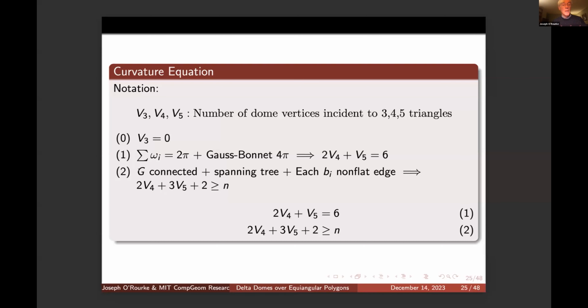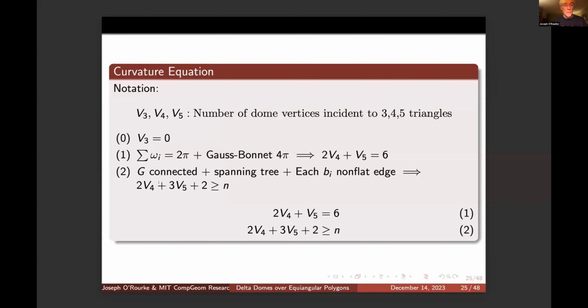So the fact that the graph of non-flat edges is connected means that it has a spanning tree. And if it has a spanning tree, then each base vertex has a non-flat edge incident to it. And these constraints lead to another equation, 2 V4 + 3 V5 + 2 is greater than or equal to n, where n is the number of vertices around the base.